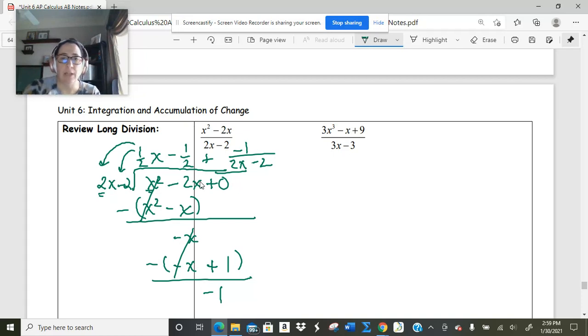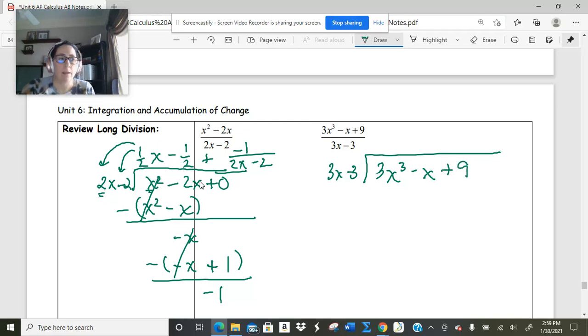Okay, let's try the next one. 3x minus 3, and we're going to divide it into 3x cubed minus x plus 9. So what do I need to multiply the 3x by to get 3x cubed? Well, I don't have to do anything because 3 and 3 is already there with that coefficient, but I do have to multiply the x by x squared to get to x cubed.